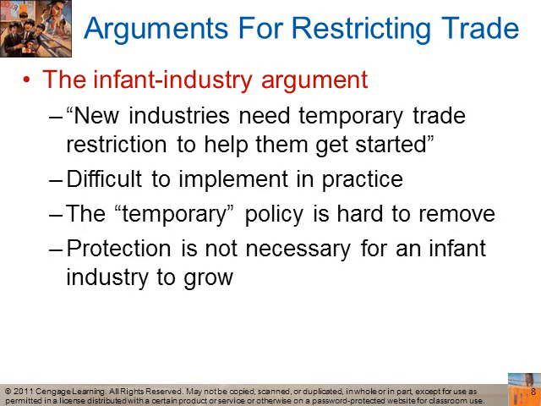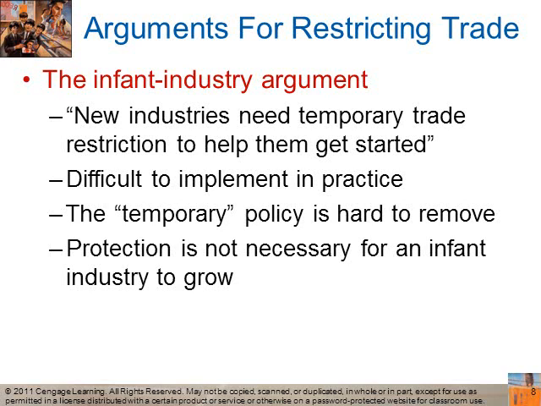The next is the infant industry argument, that this is a small industry, and it has to be protected until it's able to compete. This is kind of difficult to implement, because how do you define when this industry really becomes an adult industry and not an infant? So it may never happen, it may continue being protected forever and continue being infant forever.